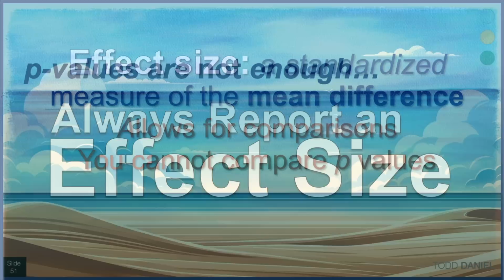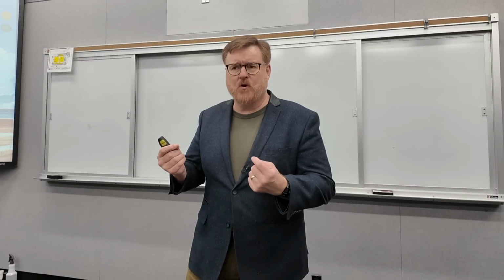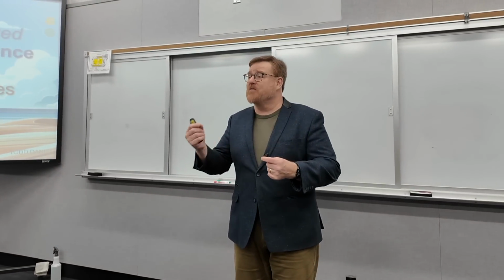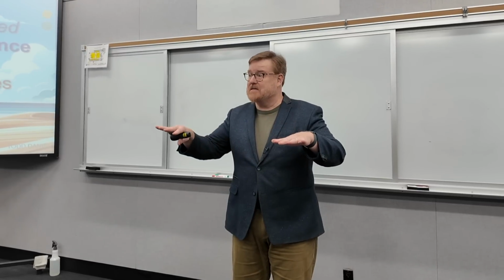Now, the effect size is the standardized mean difference. So what is a mean difference? In our example with the sample and the population, in that first control group, they both had a mean of 100. There was 0 mean difference. In the second example, 104 versus 100, there was 4 miles on average mean difference.